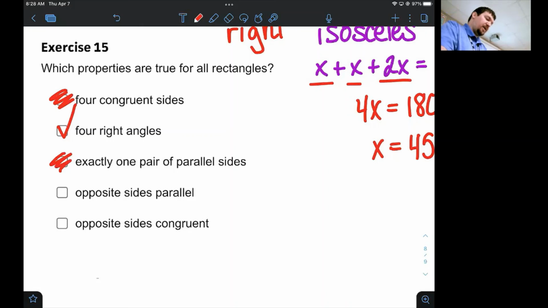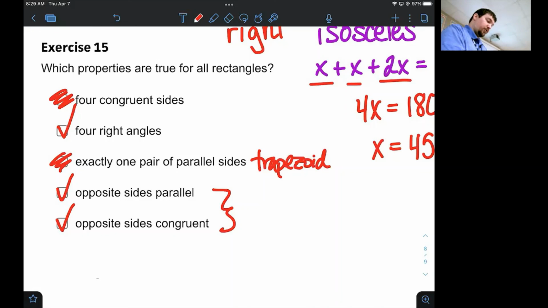In a rectangle, are the opposite sides parallel? Yes. Are the opposite sides congruent? Yes. So not all 4 sides are congruent, but the ones opposite from each other will be. Okay. In fact, this definition right here is true for all parallelograms, including rectangles, squares, and rhombi. This one here is for a trapezoid.